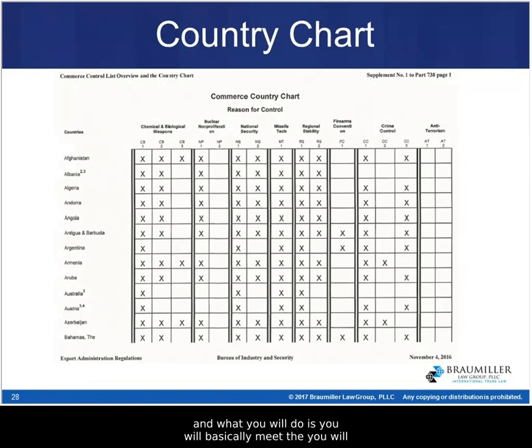And what you will do is you will follow from the country over to the right, and then from the reason for control down, and you'll wind up in a particular square of this chart.